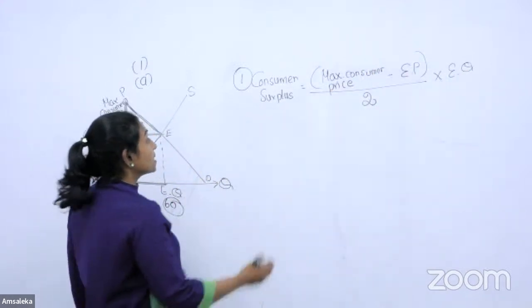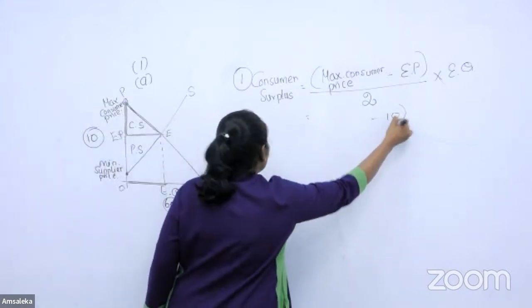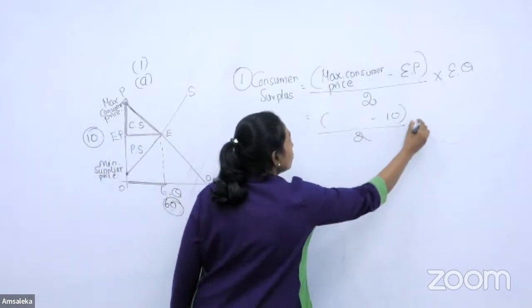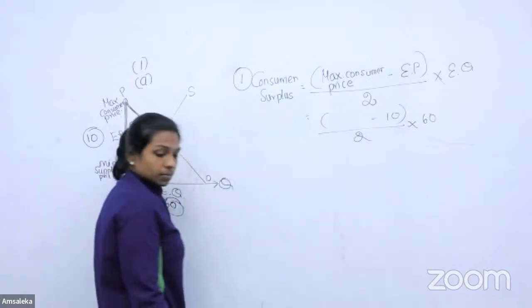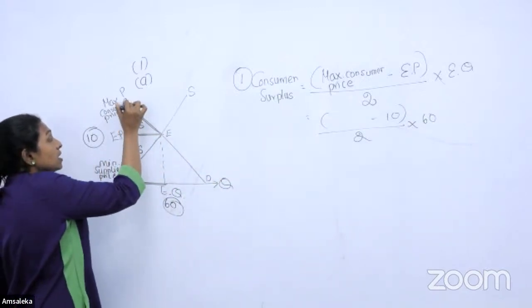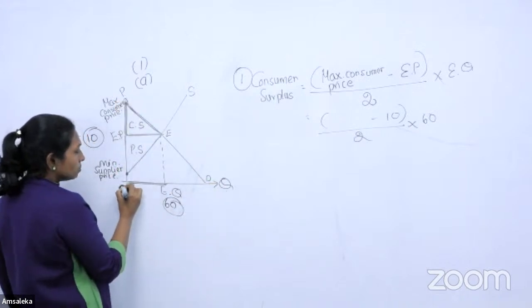Now, the maximum consumer price we don't know, but EP is known, 10. So divide by 2 into the equilibrium quantity 60. Now what we want to find is this point, when Q is 0.